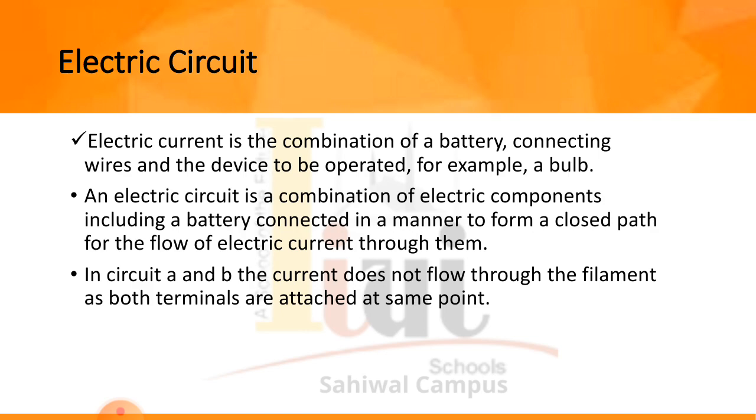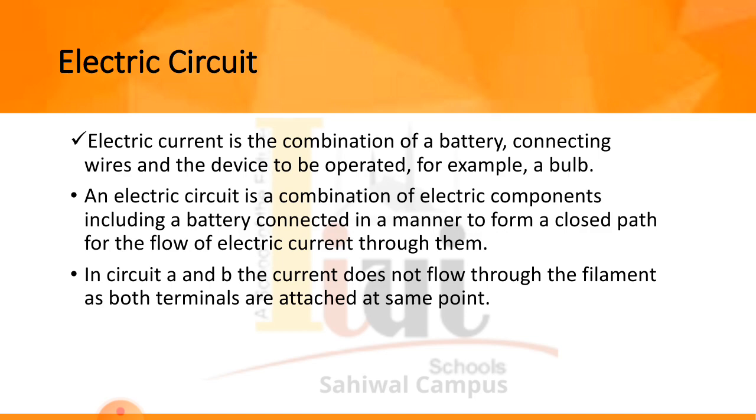In the first one, both the connecting wires are attached to the metallic tip of the bulb, and in the second one, both are attached to the metallic base of the bulb. As we have discussed earlier, this type of circuit is of no use. They do not have proper electric circuit connections, so they cannot make the current flow easily.